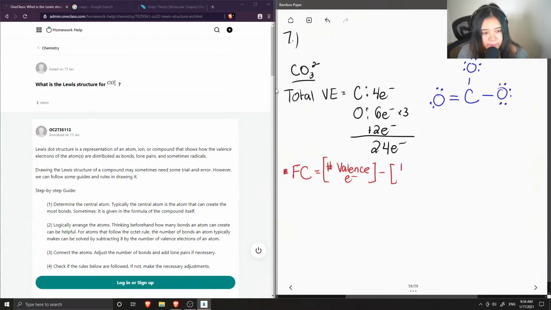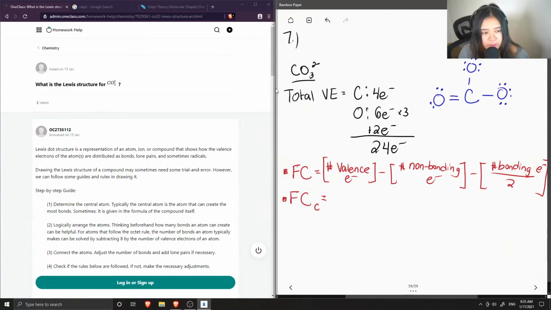So the equation for formal charge is equal to the number of valence electrons minus the number of non-bonding electrons minus the number of bonding electrons divided by 2. Okay, so first let's calculate the formal charge of our carbon atom.